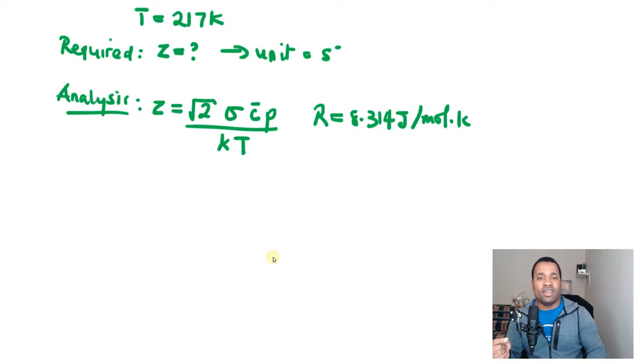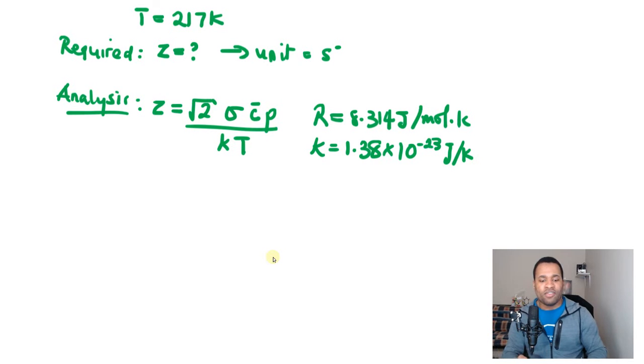The next one is our Boltzmann's constant, represented as k, and it's equal to 1.38 times 10 to the negative 23, and the unit is measured in joules per kelvin. Let's figure out how to reduce this equation, simplify it first, and then play around with the units to see what we have before we put in our numbers.